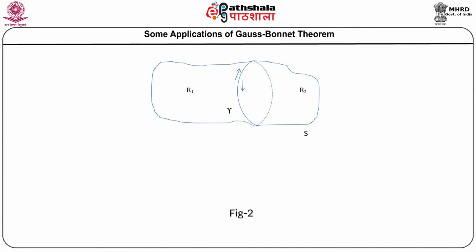See, this is the figure. So, if a sphere is compressed and it takes this form, then we can consider the two regions R_1 and R_2 separated by the curve gamma, and the orientations are given along the directions.